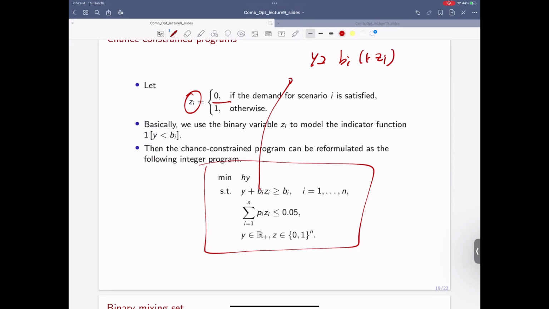If gi is 0, then y will be bi, so I satisfy the demand. If gi equals 1, then the inequality becomes y at least 0, so it doesn't do anything. And here I collect the total probability of failure, which is bounded above by 0.05.